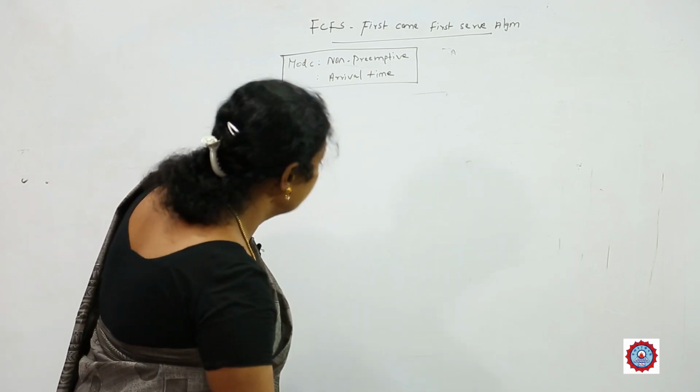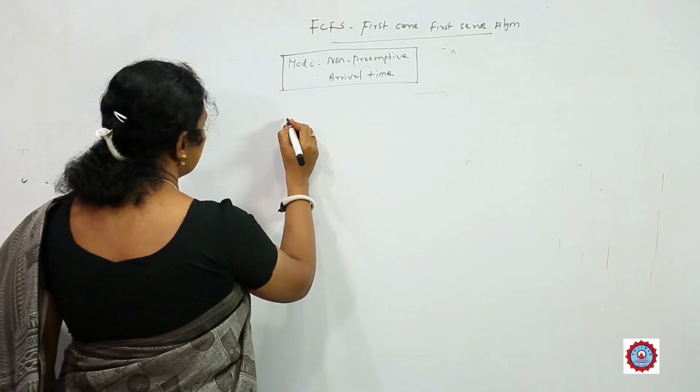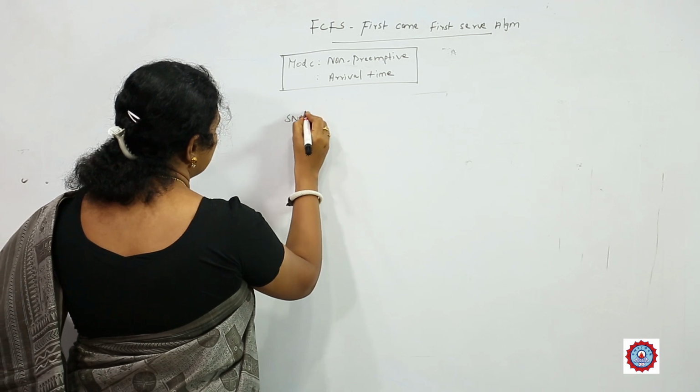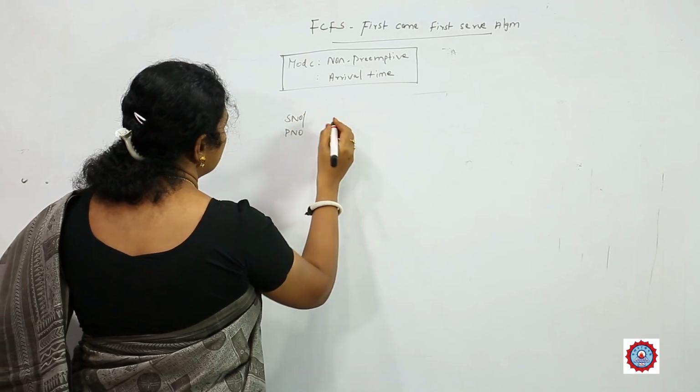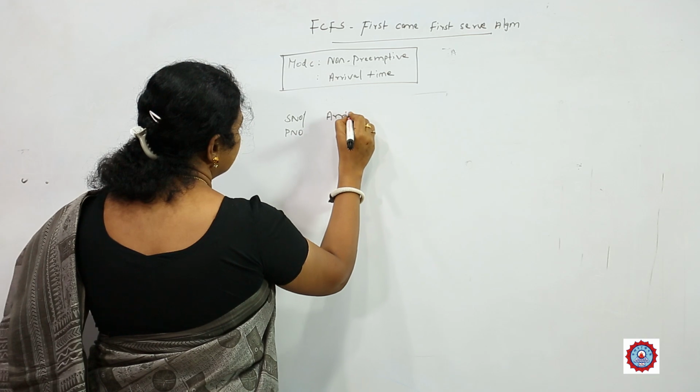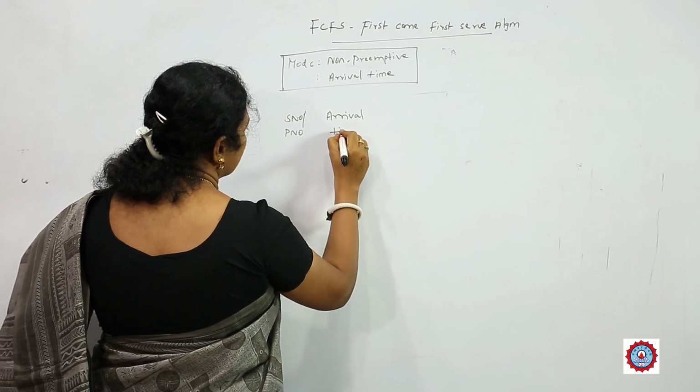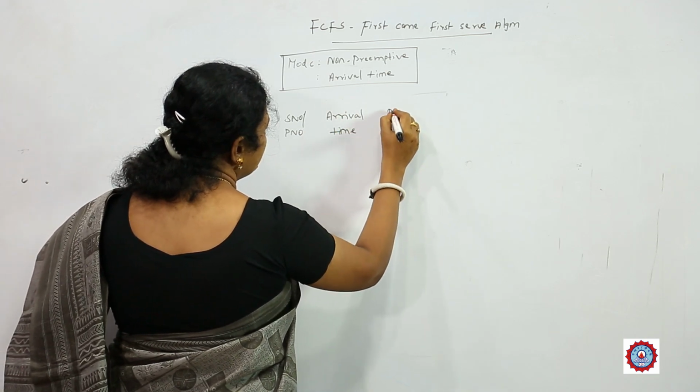Data will be given to you, say for example S number or process number, arrival time and burst time.